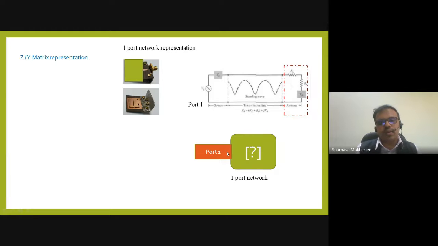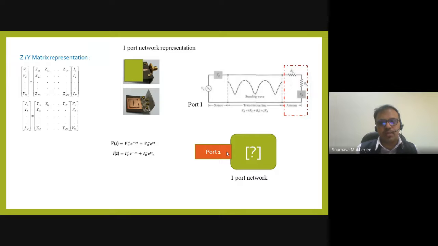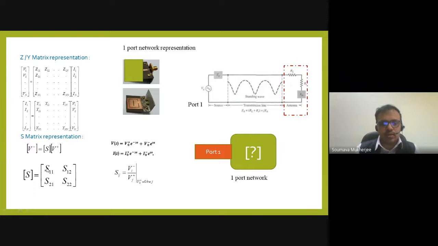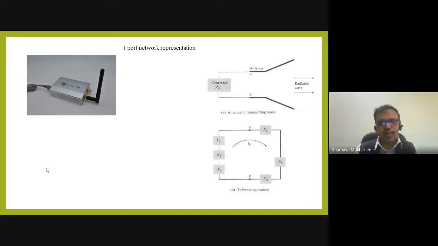So instead of the Z and Y matrix representation, as in the similar case, we cannot do that. We will have to go by the S matrix representation because of the voltage and current wave reflection. The S matrix representation is the same, but since it is only one port, only S11 will be there. So instead of Sij, we will have S11.